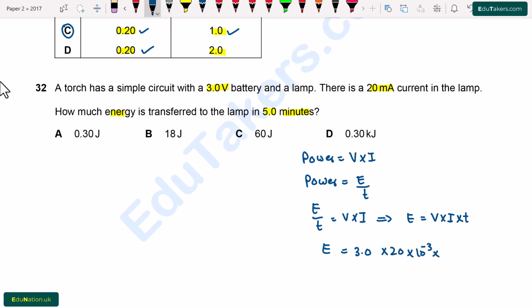Time is given as 5 minutes and we have to convert it into seconds, so there will be 5.0 multiplied by 60 seconds. Then energy E will be equal to 18 joule. Now we see the options. Option A 0.30 joule, B 18 joule. So option B is correct.